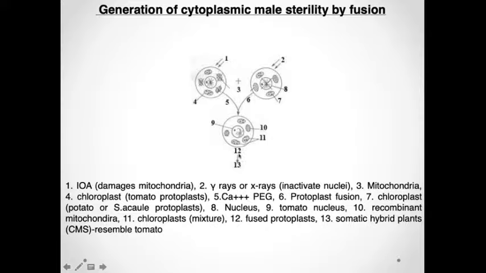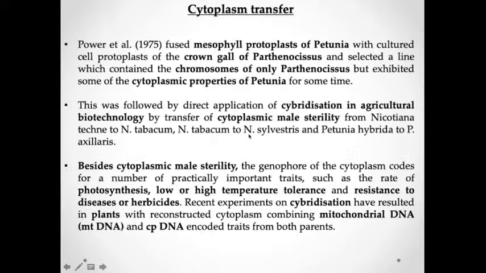So at step 13, at the end, you have a full somatic hybrid plant resembling the tomato. It is a bit complicated, but this is how it is done: by damaging the mitochondria of the first and removing the nuclei of the second, and then bringing them together and joining them, so that you have recombinant mitochondria and also the chloroplasts of both species.